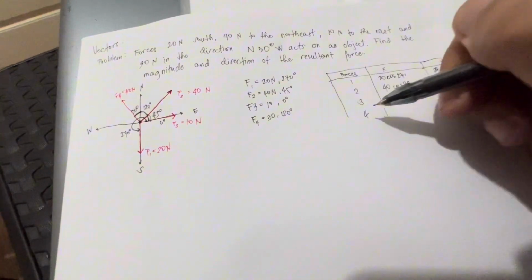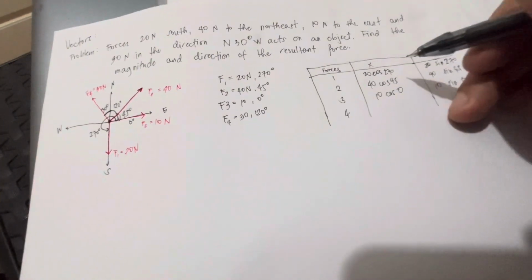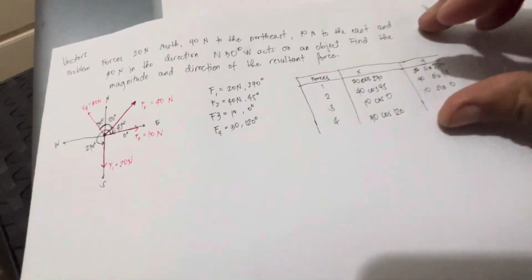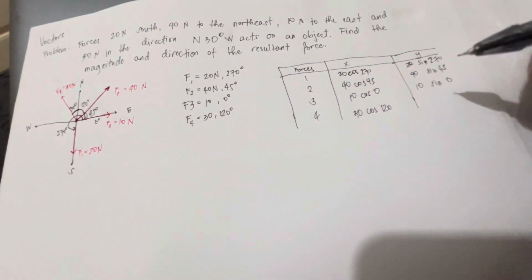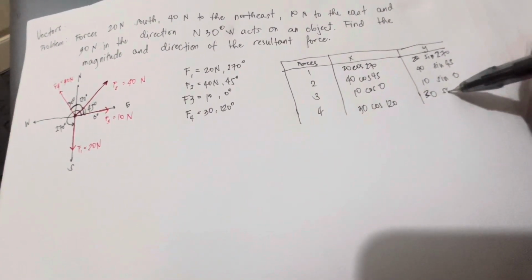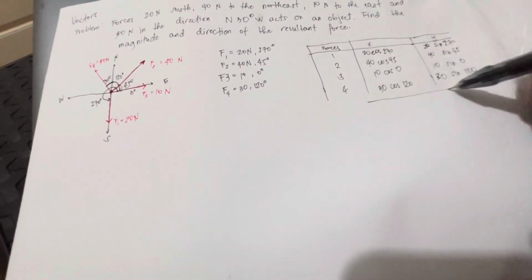And then lastly for force number 4, naay magnitude nga 30 cosine 120, tapos you have 30 sine 120.